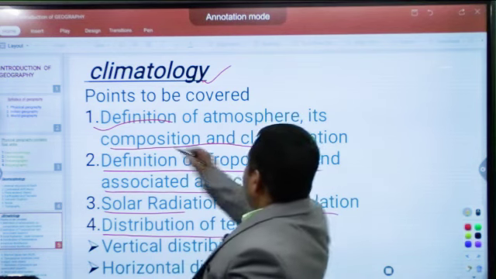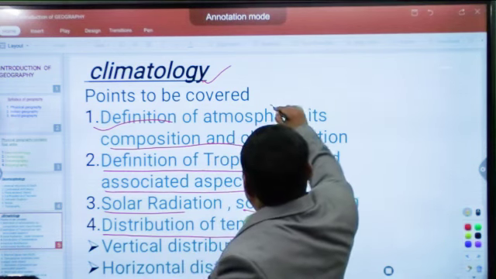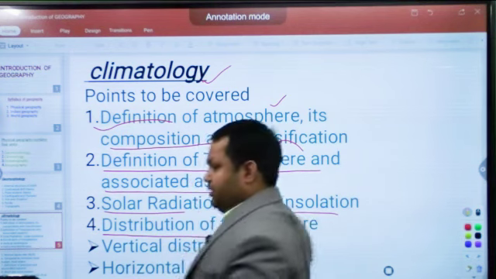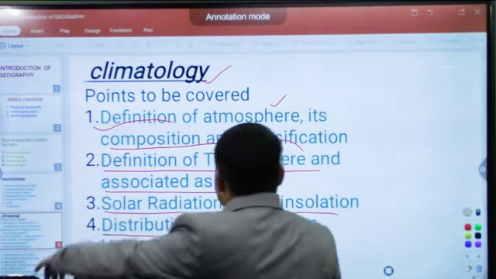So first of all, definition of atmosphere. What is the definition of atmosphere according to all the learners or listeners?